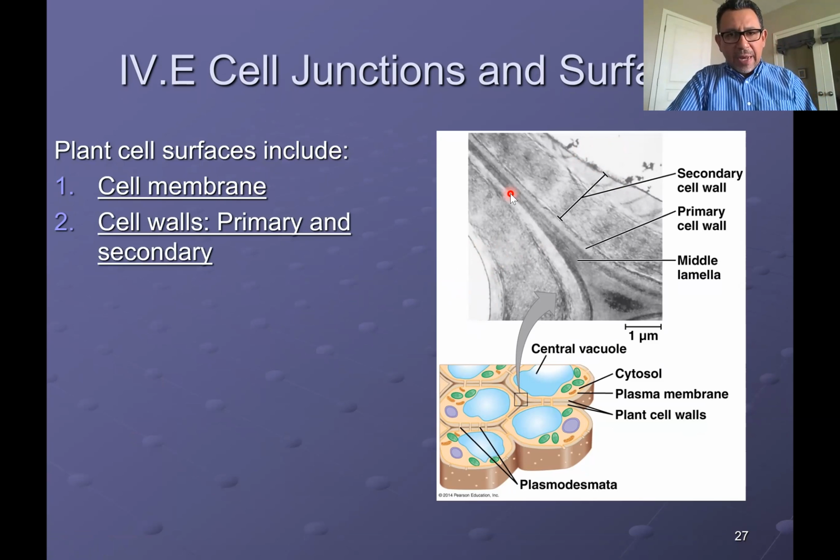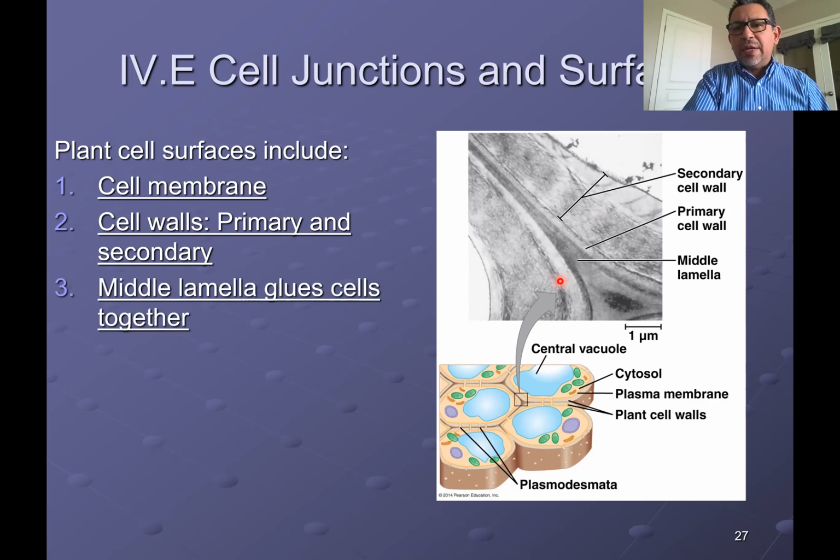In addition to plasma membranes, plant cells are also going to have cell walls. And in the case of plants, you see primary cell walls, which will be this layer you see right here. And the secondary cell wall in many plants is going to be much thicker. It's going to be a stronger structure compared to just the primary cell wall.